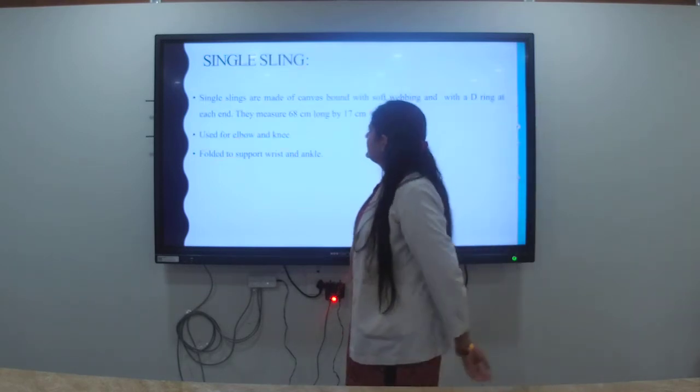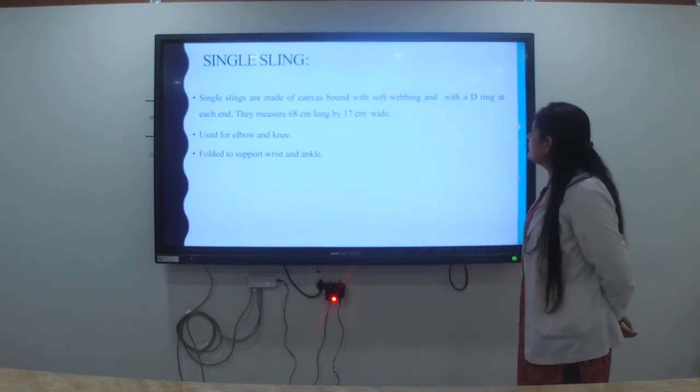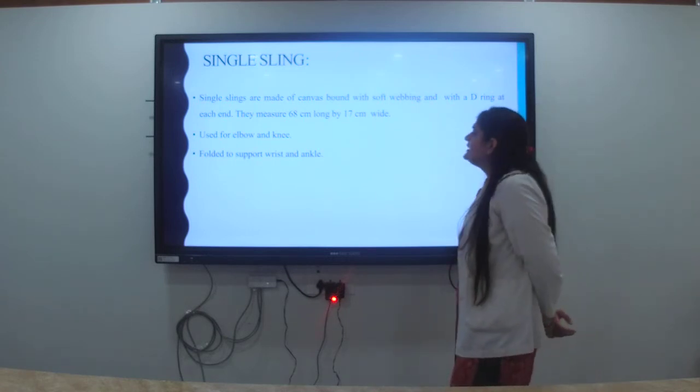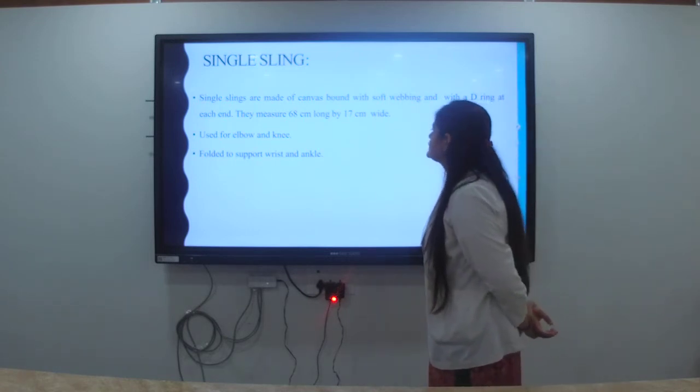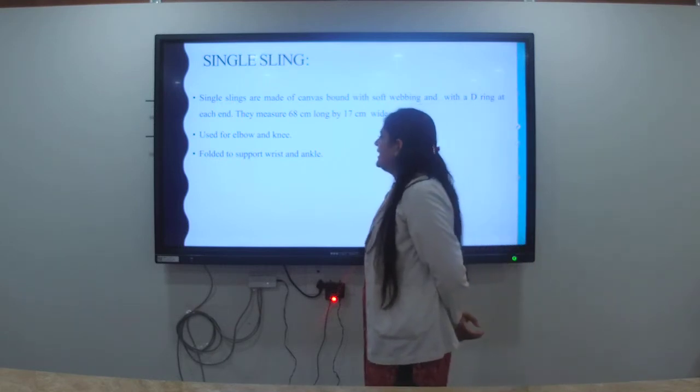First is the single sling. The single sling is made of canvas bound with soft webbing and with a D-ring at each end. They measure 68 centimeters long and 17 centimeters wide.